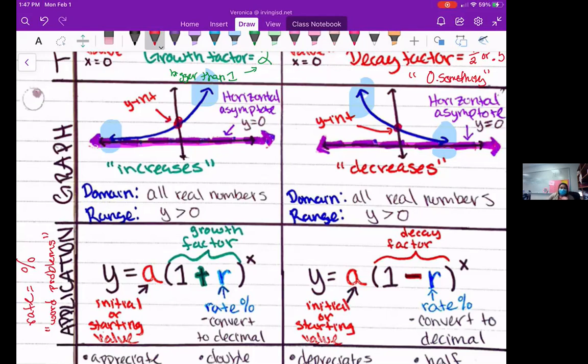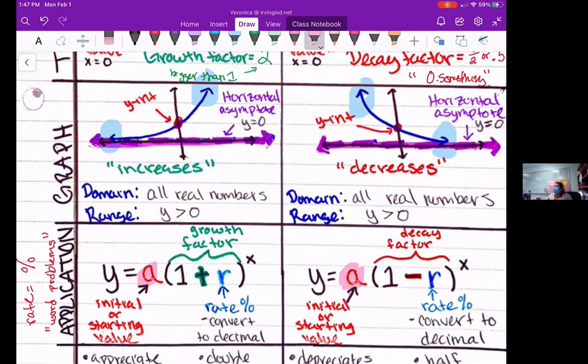For both of them, you're going to notice that you still have your y-intercept. That hasn't changed. Whatever your initial or starting value is, that's always going to go there. Now, what you are going to notice is that I didn't give you a b this time.